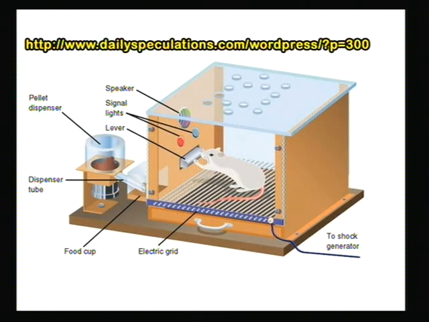Similarly, it may be so designed that if the rat goes to a certain part of this cage, of this box, the Skinner box, electric shocks will be delivered to the rat. So in the same manner, the rat learns not to go to that part of the box.